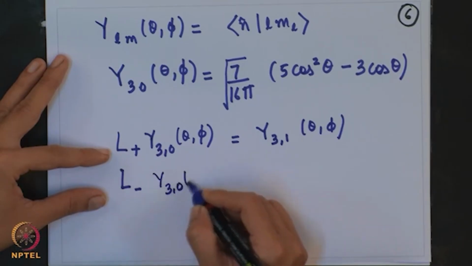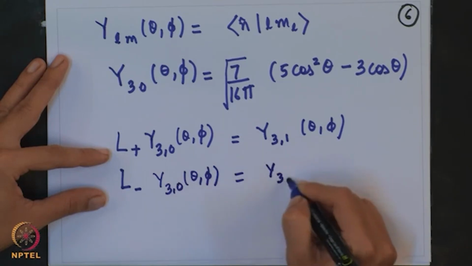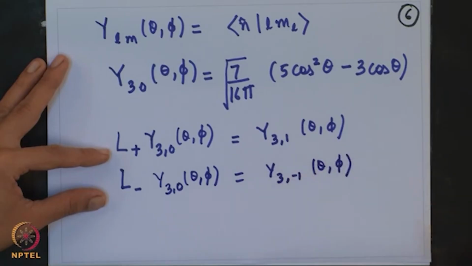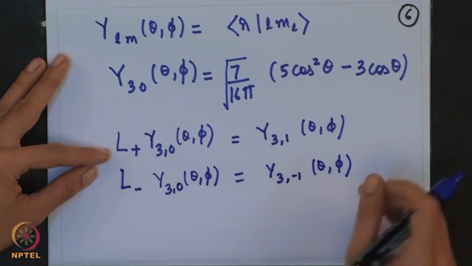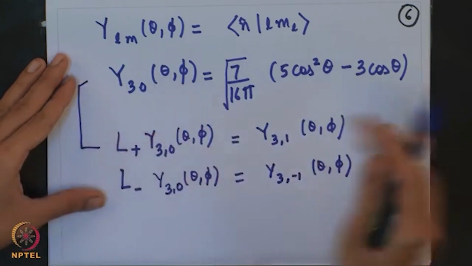This will give us y3 minus 1 theta phi. Using this, you have to obtain the result. So we use these two.